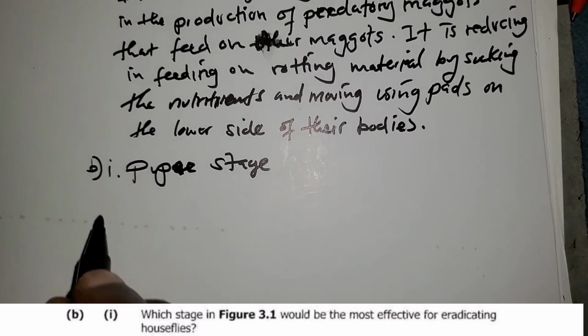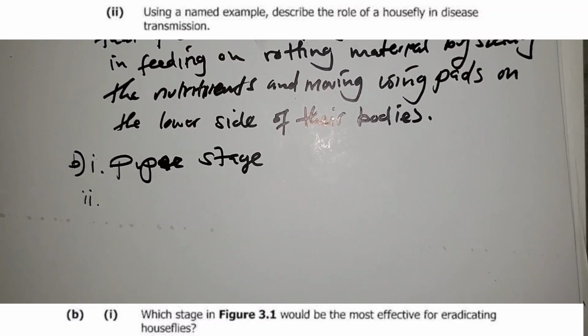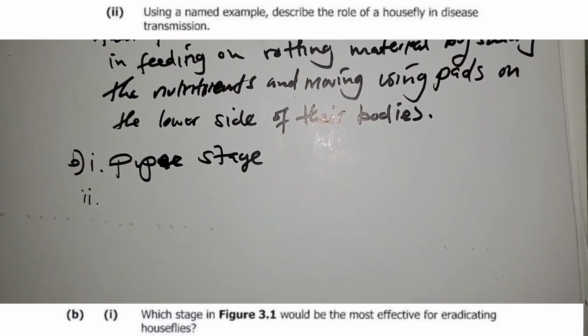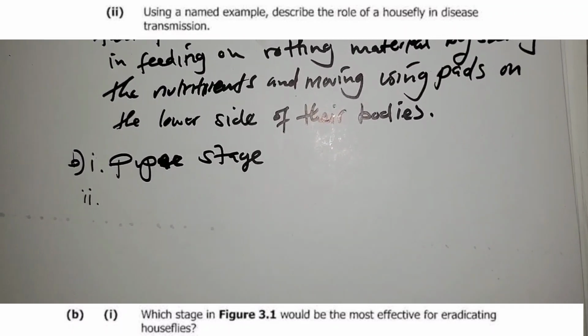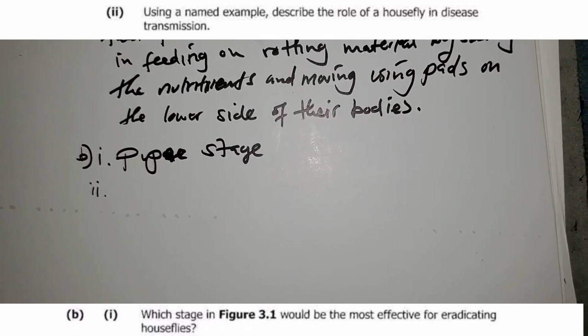All right, question B2. Question B2 is saying, using a named example, describe the role of housefly in disease transmission. Okay, named example, meaning example of a disease.